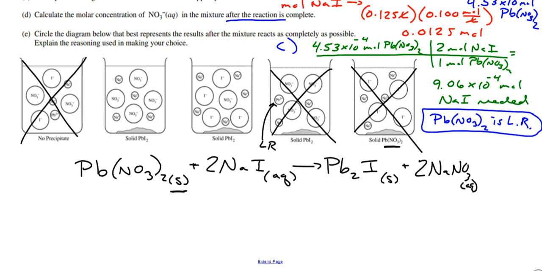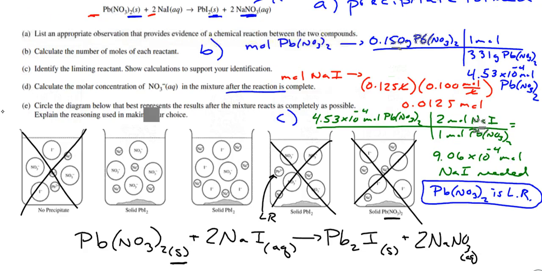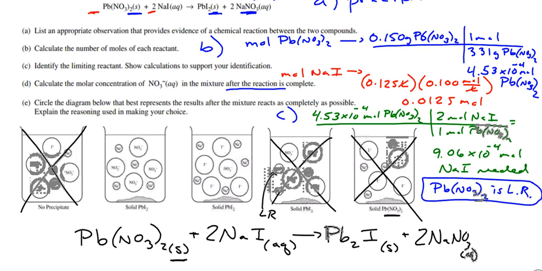Okay, so here's the key to that. Can it have I in it? Go back to the math and look just for a moment, right here. It says that we need this much NaI.